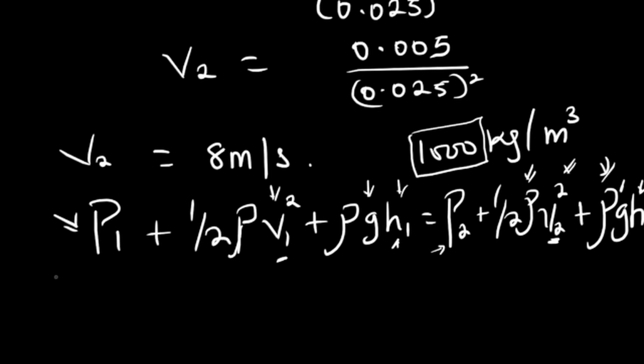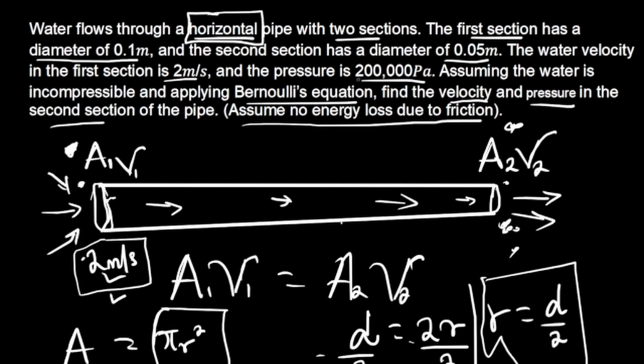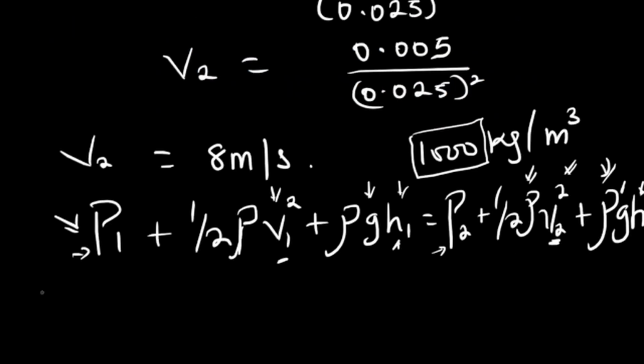So here we say that our P1, which we're given, is 200,000 pascals. If you look at the question right here, this is 200,000 pascals. That is our P1. So we say 200,000 plus half. What is our density?